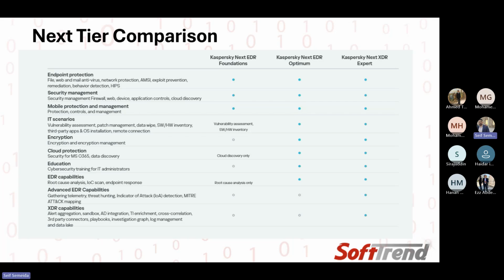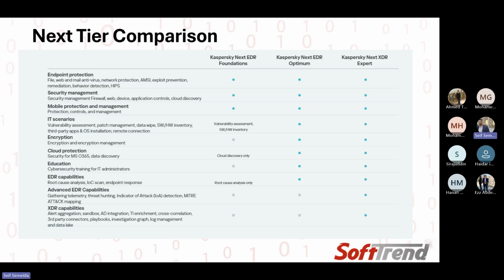Patch management is basically, as we mentioned in the foundations, the vulnerability assessment, it detects which software or applications require an immediate update. And in Optimum, you also have the patch management feature in order to run these updates automatically through tasks that are created on Kaspersky, and it updates your software applications automatically.